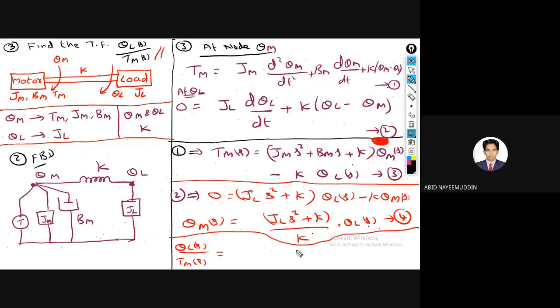In the numerator, you will be getting K divided by... actually it's a lengthy equation. I am writing here the answer.